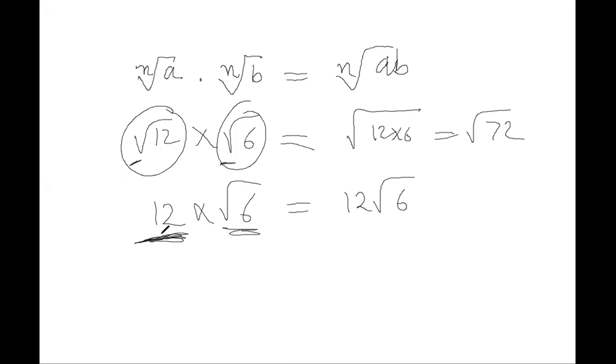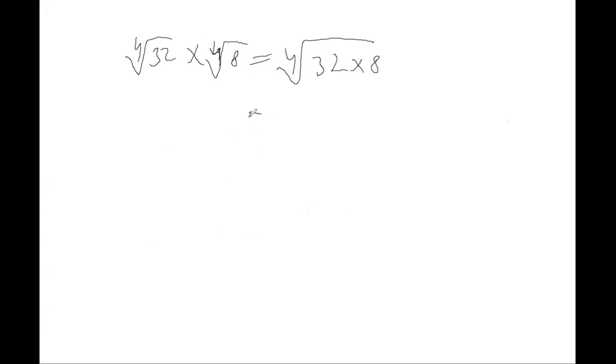Okay. We will try to simplify this. I will write it again: 4th root 32 multiply 4th root 8. So as you have learned the formula, this is 32 into 8.